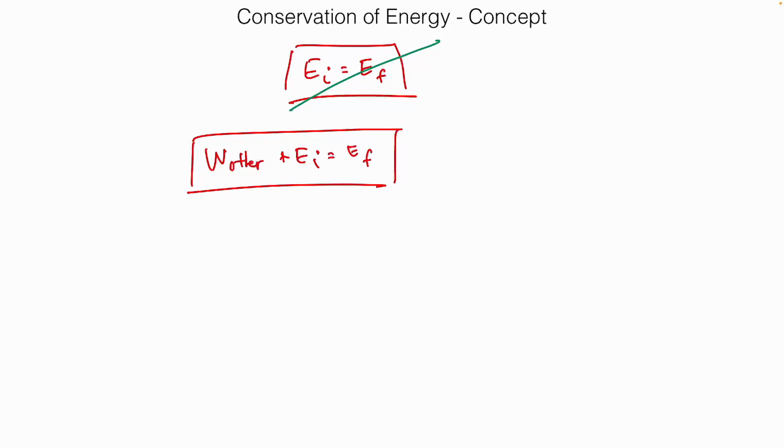We'll toss anything that we don't know how to handle: gasoline, nuclear power, solar power, electrical power, all these things that we haven't taught you yet. We're going to throw them in the recycle bin of work other. And that will help us to solve conservation of energy problems that are more sophisticated than just starting with and ending with something, because I can start and end with 0 all day long.